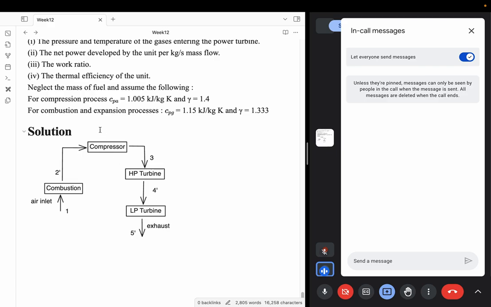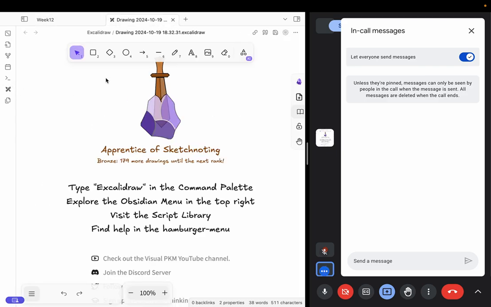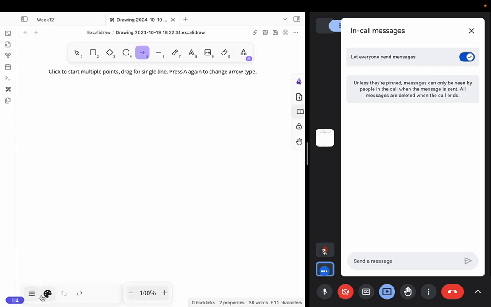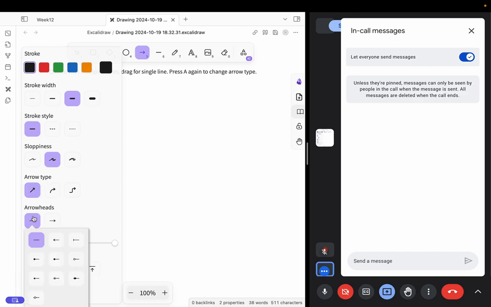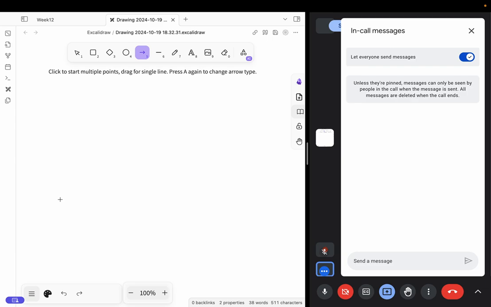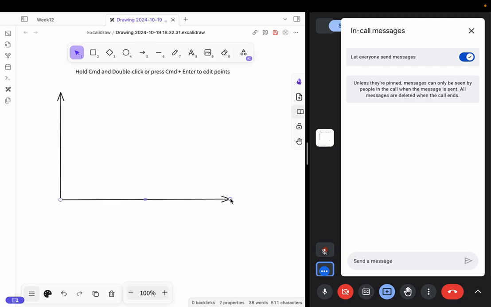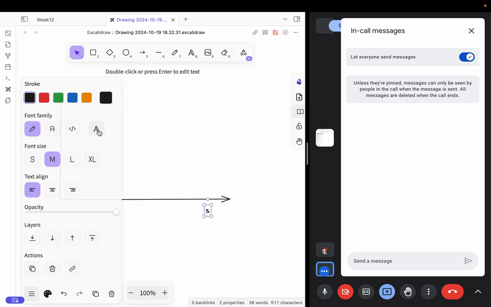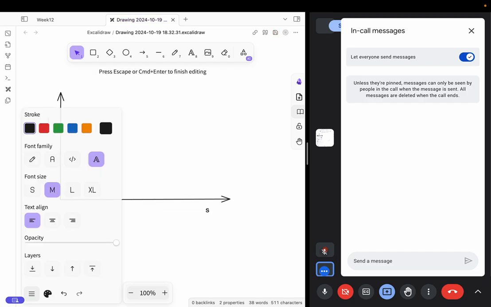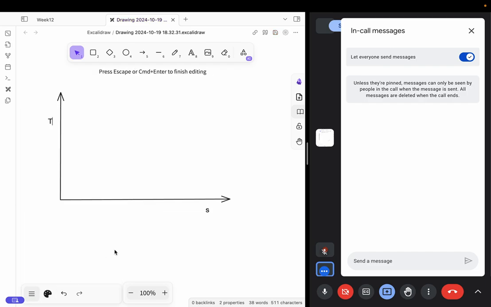Now let us draw this again on a TS plot, so it will be much better. What are the different processes I have?